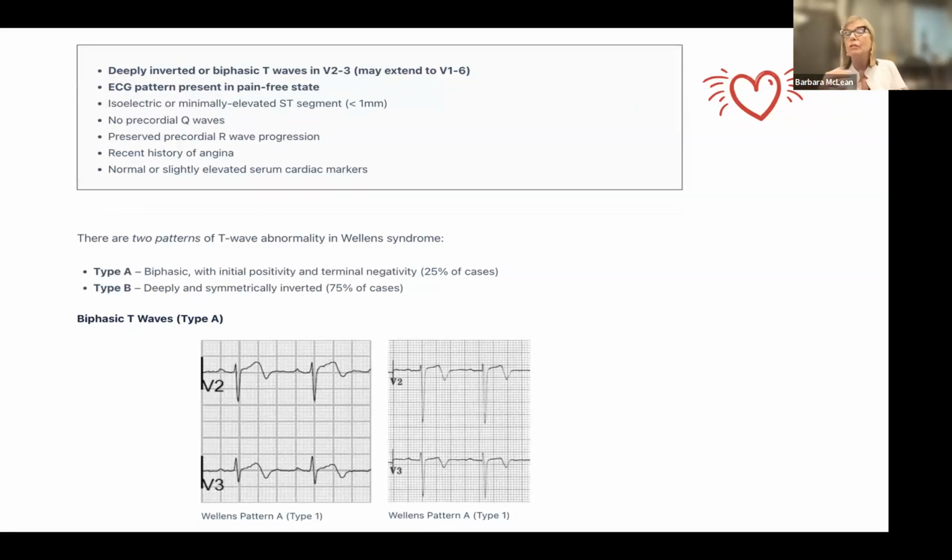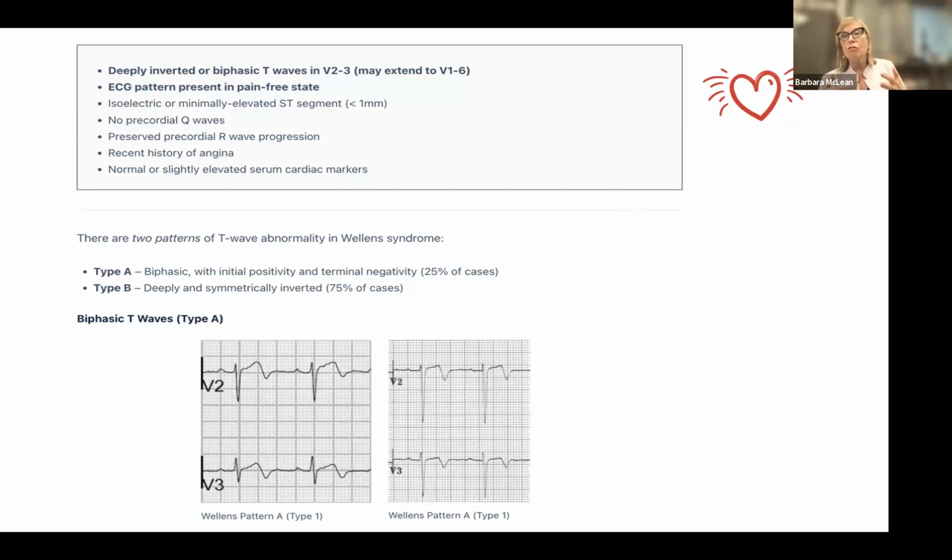Remember, it's in the chest leads, so 1 millimeter I'm not so worried about in the chest leads, right? I don't have Q waves, and I may have preserved R wave progression, meaning I may have R waves that get a little bit bigger. But the patient always has a recent history of chest discomfort or angina, and they may have normal or slightly elevated cardiac markers. Now, remember, our patient was quite elevated because his process has been going on for 2 weeks.